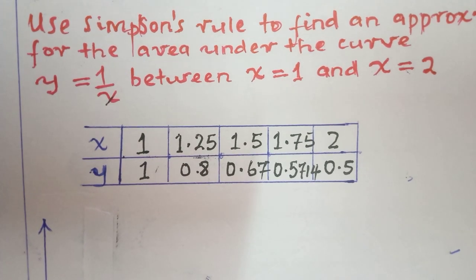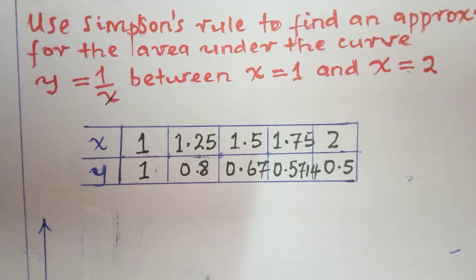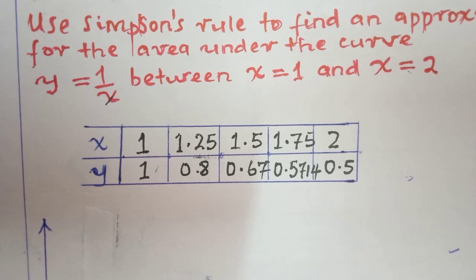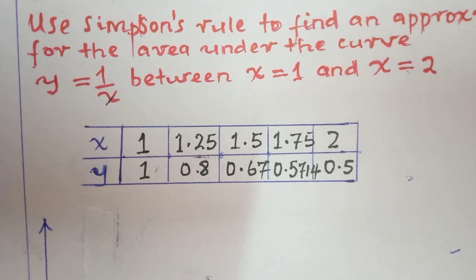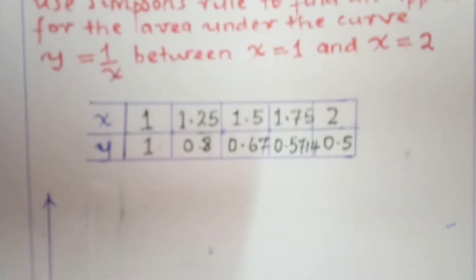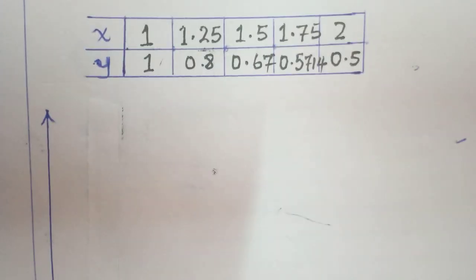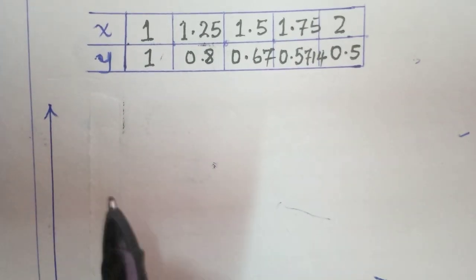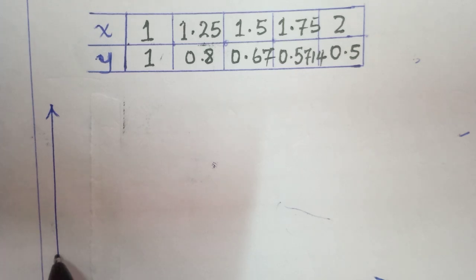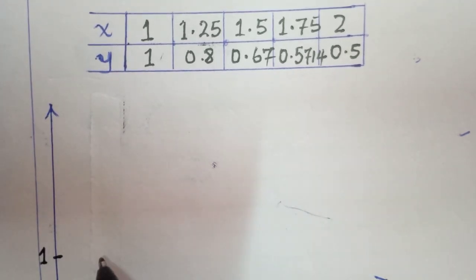Let me draw the diagram representing the curve. The first one we have is 1 and 1. Let's say this is 1, so it's going to meet somewhere at this point.